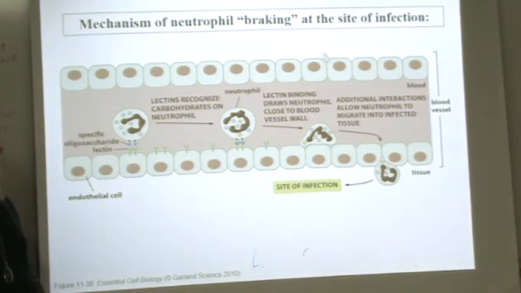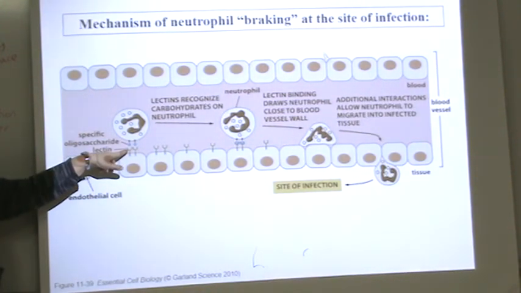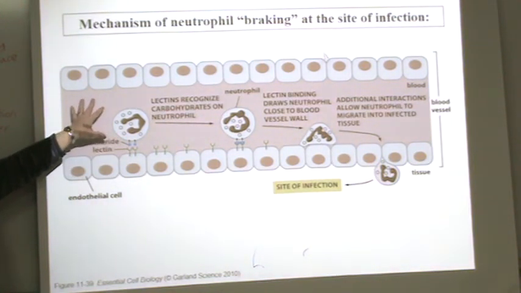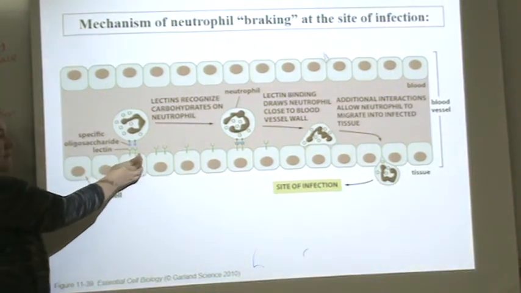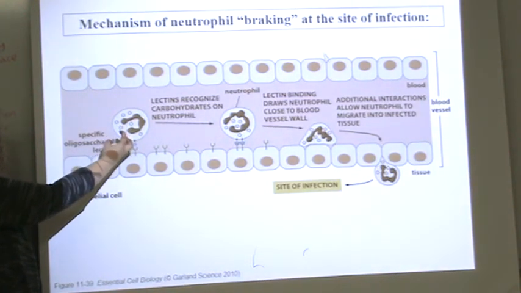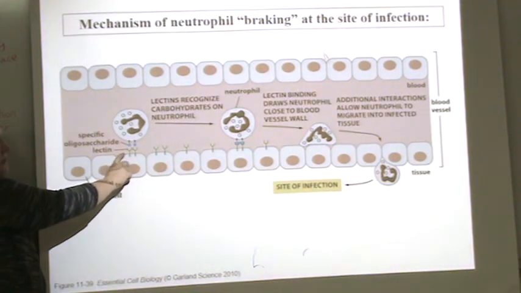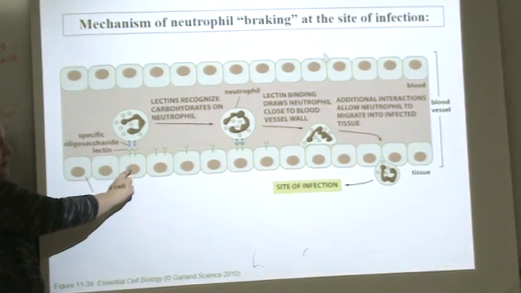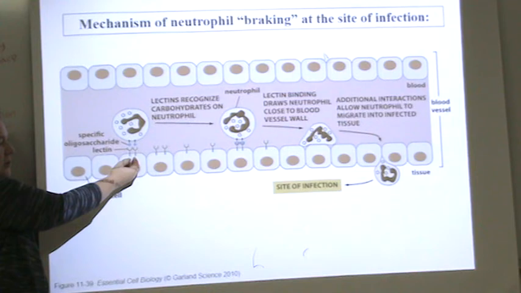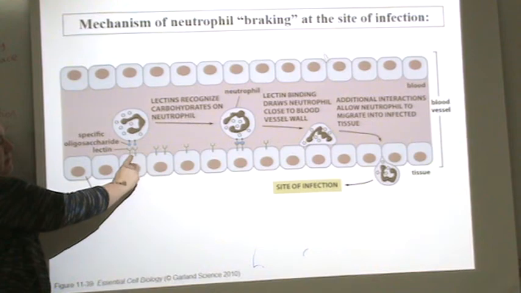These sugars can bind to this molecule called lectin. What the video was showing is what these cells have to do to get a lectin out there to catch a neutrophil. From the beginning, there's a signal that comes from outside the cell transmitted to the interior. The cell changes what proteins it's sending out there. It sends lectins out to the surface.